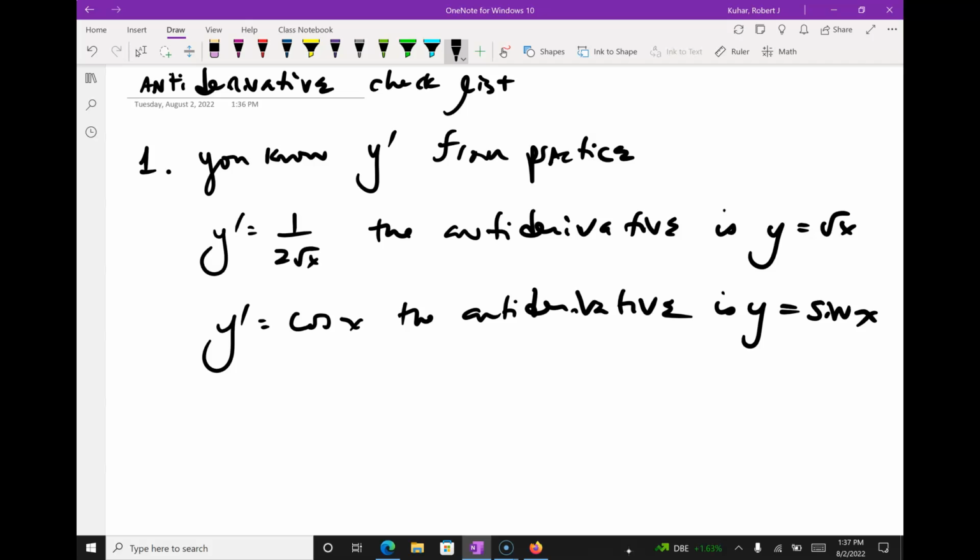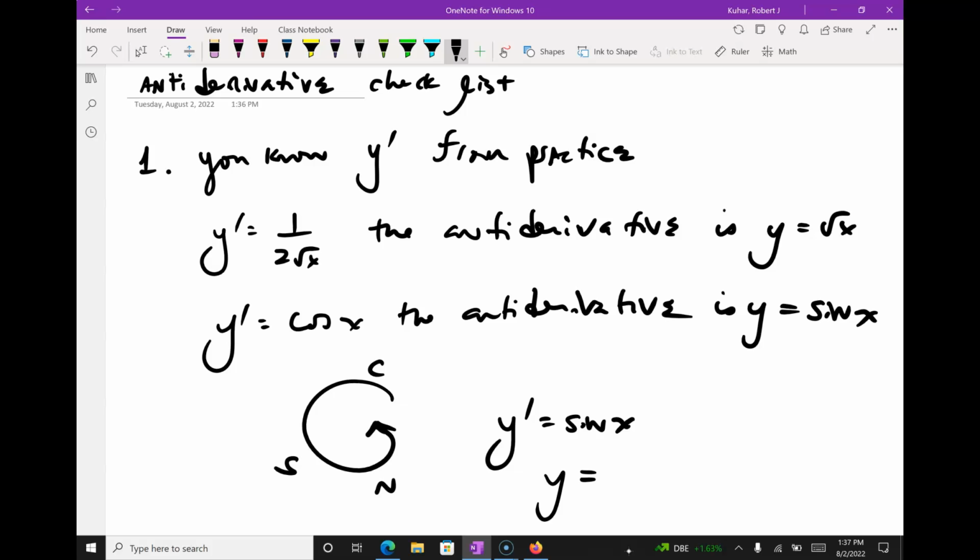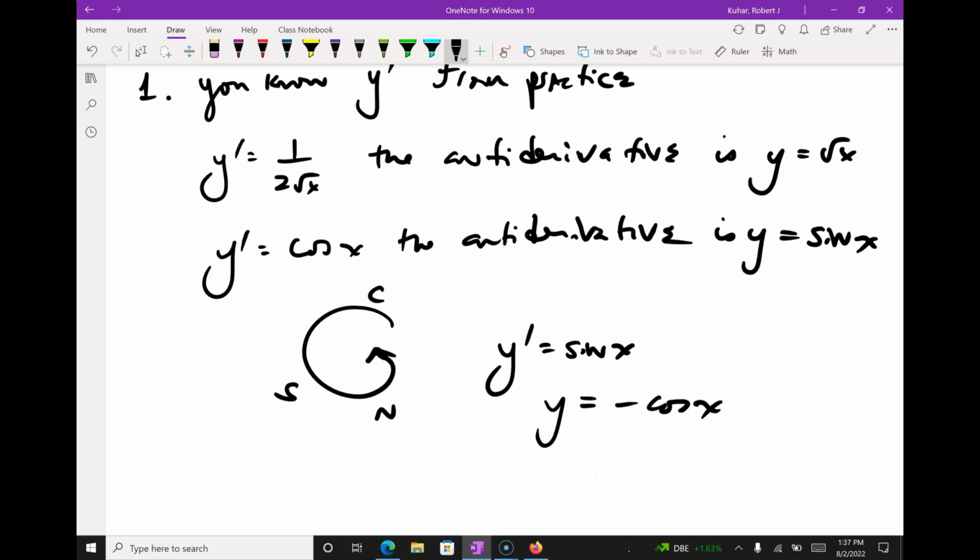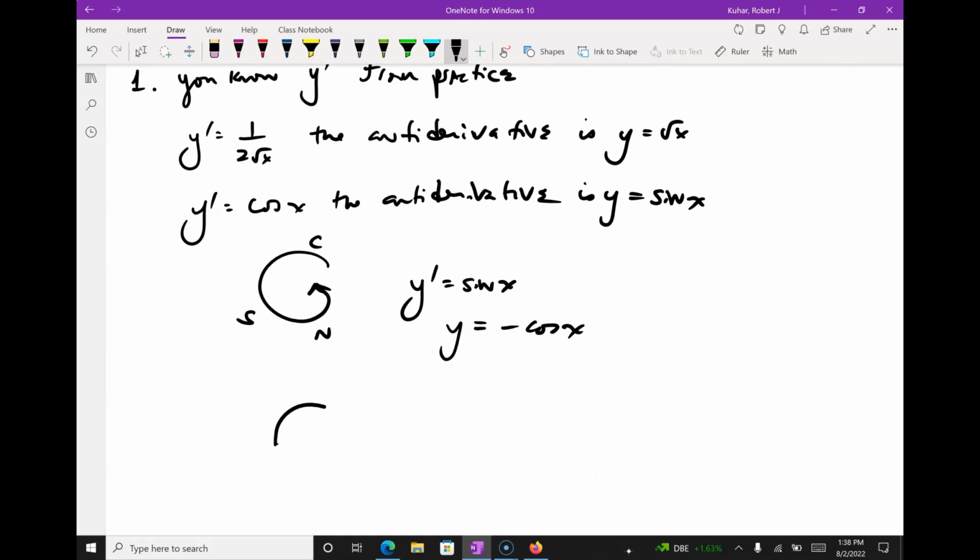By the way, my wheel for antiderivatives goes the other way. So notice as I move from cosine to sine, I don't pass the negative, right? But what if I said to you y prime was sine of x? What's the antiderivative? Negative cos x. Yeah, so when I gave you this wheel for derivatives, we went this way, right? So if y is cos x, y prime is negative sine x.